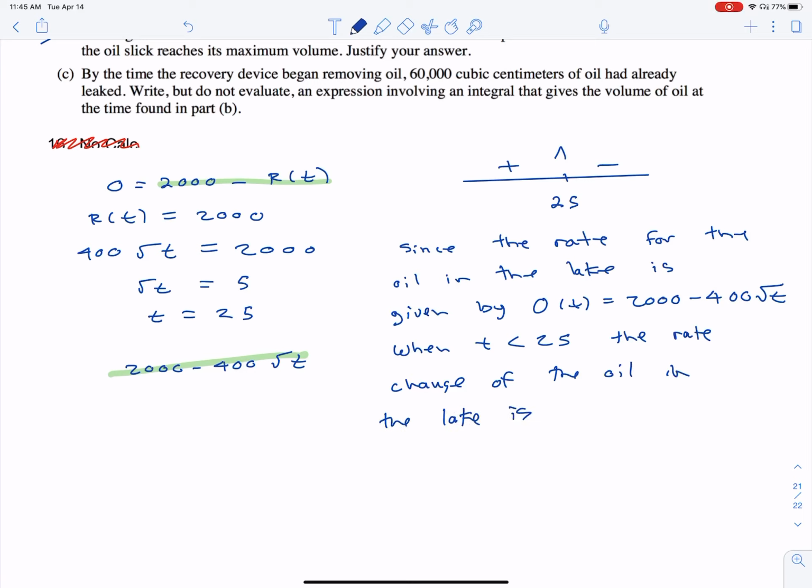Okay, so I've said, hey, when the time is less than 25, look, the derivative is positive, therefore the amount of oil in the lake is increasing.